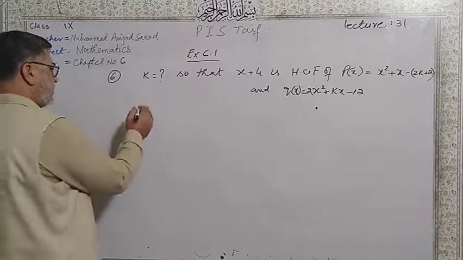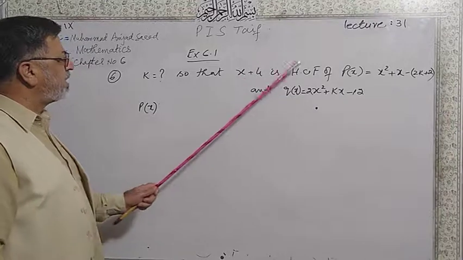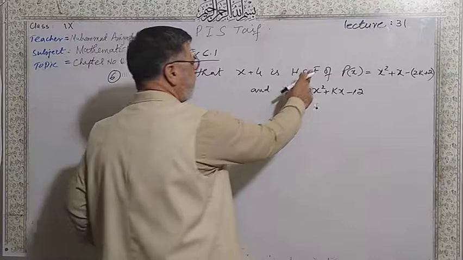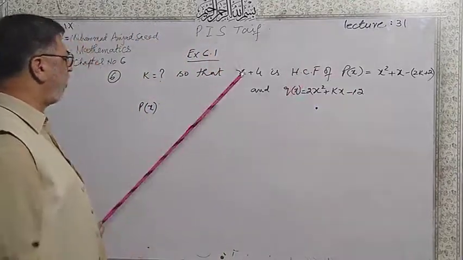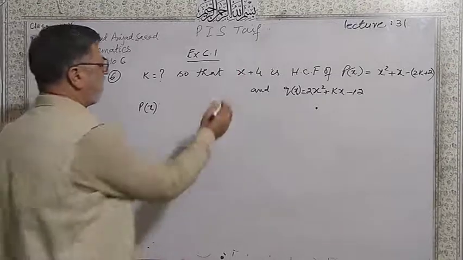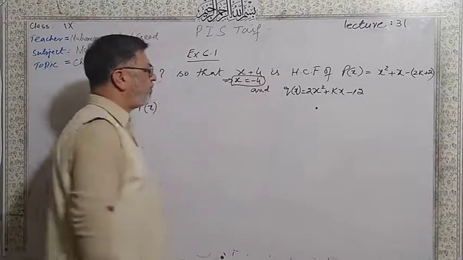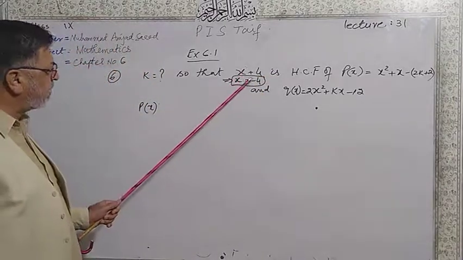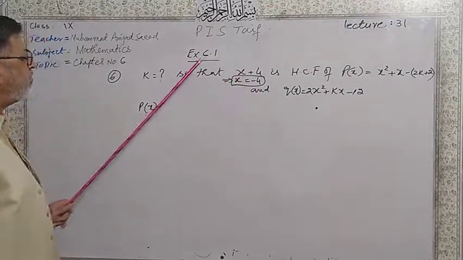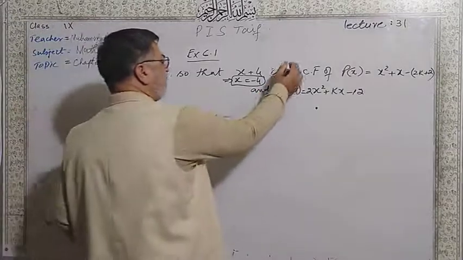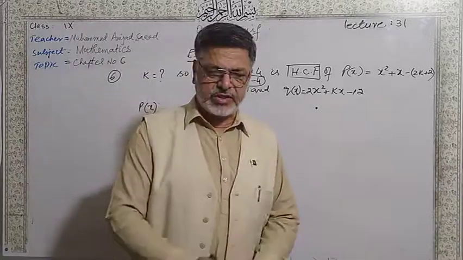Remember that if x plus 4 is HCF, it means that the remainder will be 0 if we apply x equal to minus 4. If we apply the value of x as minus 4 in P of x and Q of x, then the remainder must be 0 because of the definition of HCF. In case of HCF, the remainder is always 0.